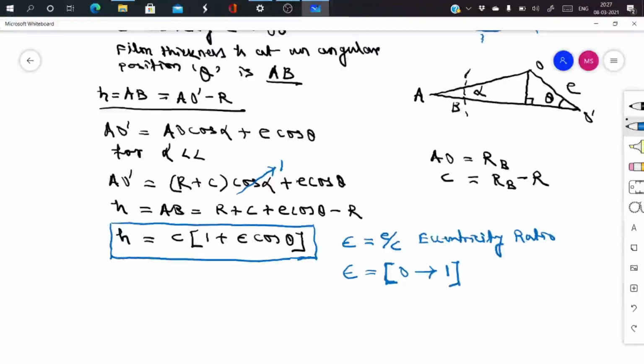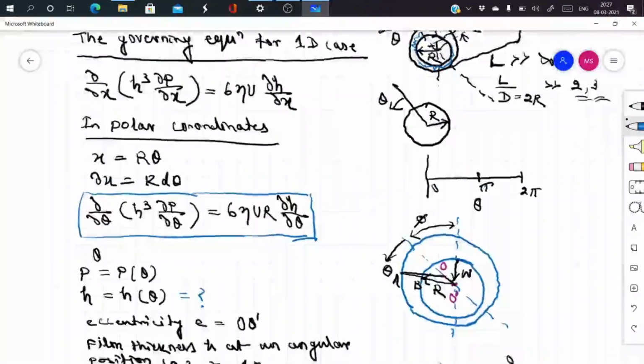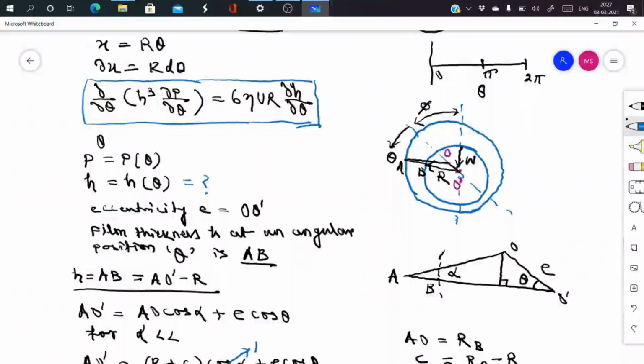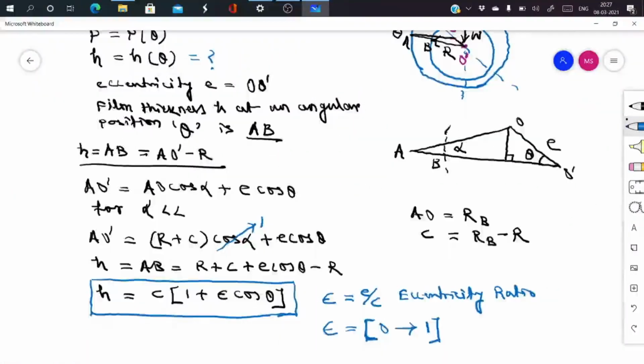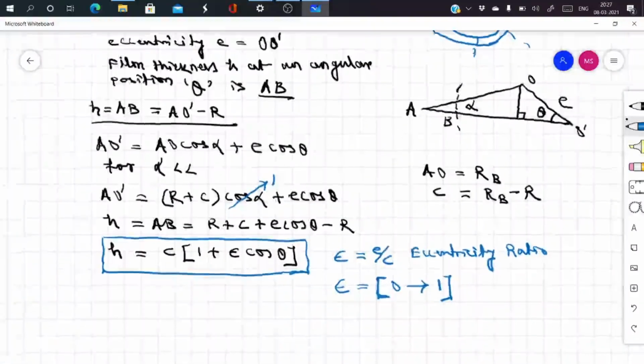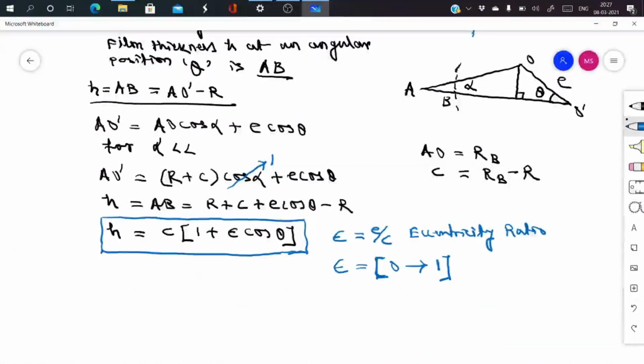Now let us go to the equation. Now this equation is our governing equation. Very similar to the one-dimensional case of plane slider bearing, where we used to start with a governing equation with imaginary film thickness HM. Using similar condition, at film thickness H equal to HM, del P upon del theta equal to 0.